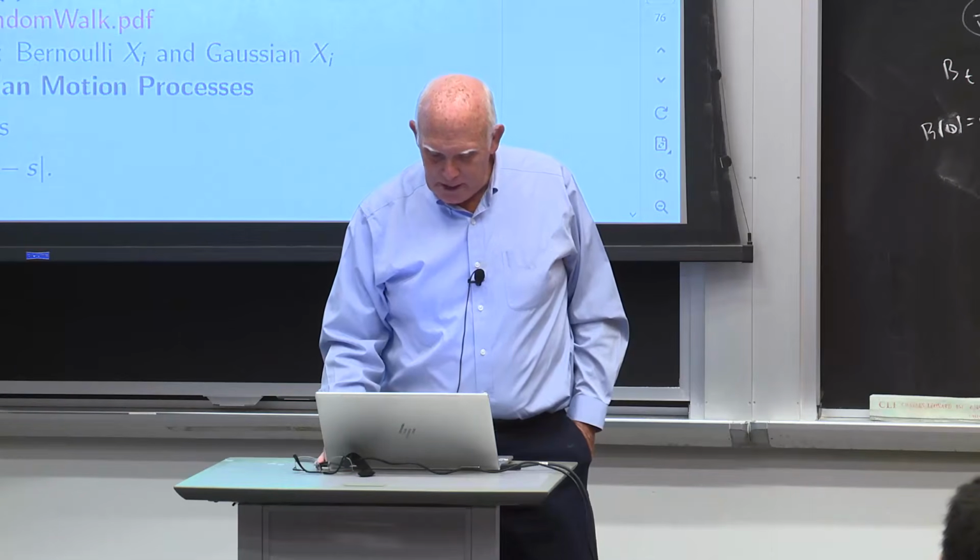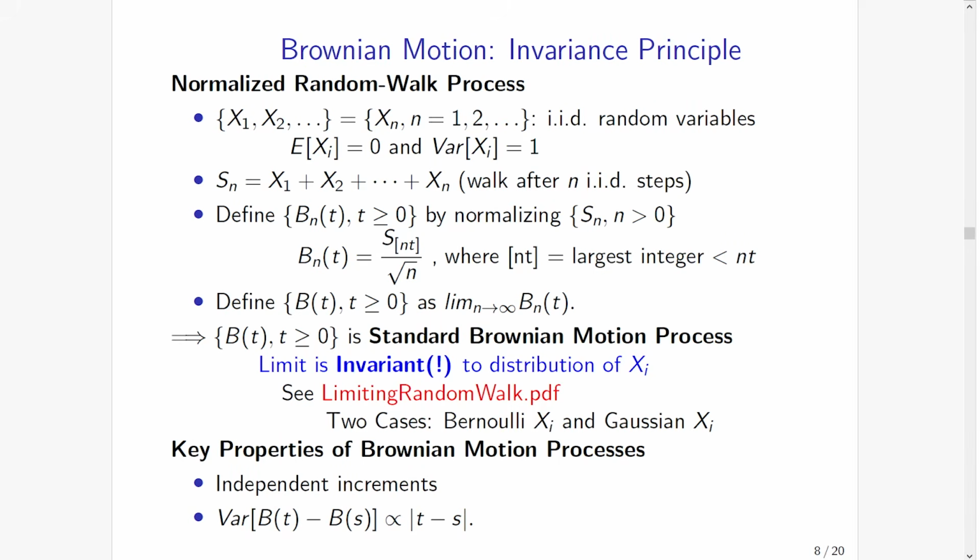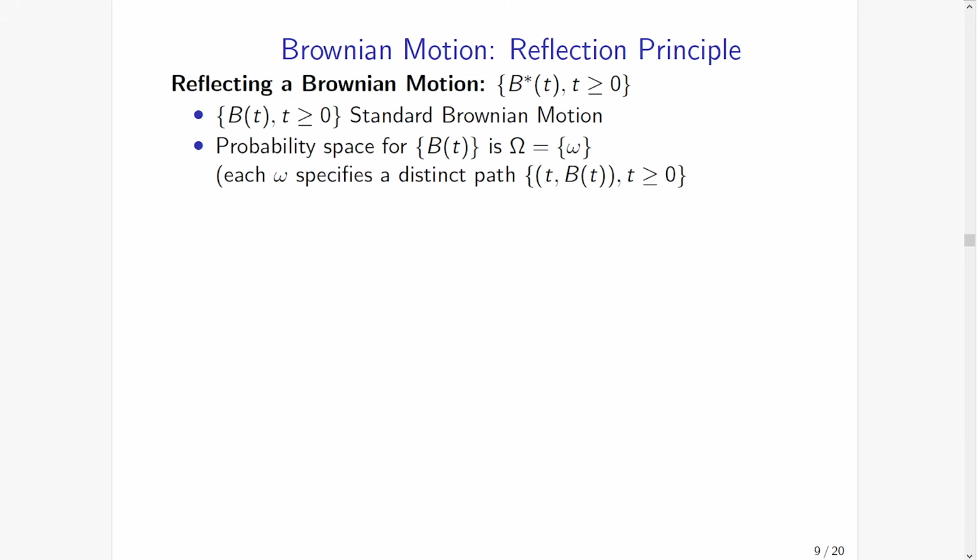So the key properties of Brownian motion are independent increments, and the variance of those increments is proportional to the time period between the measures.